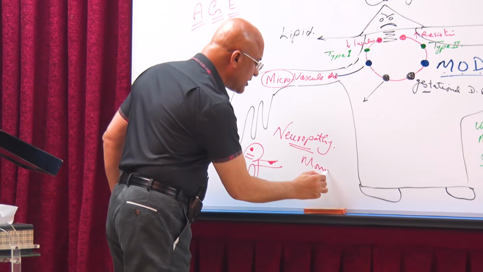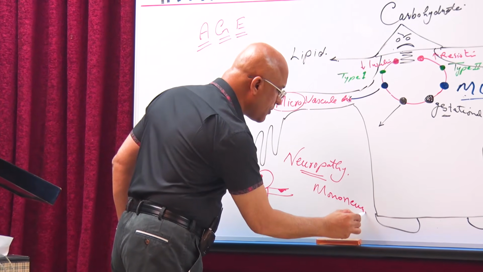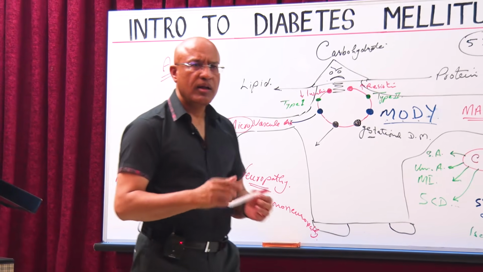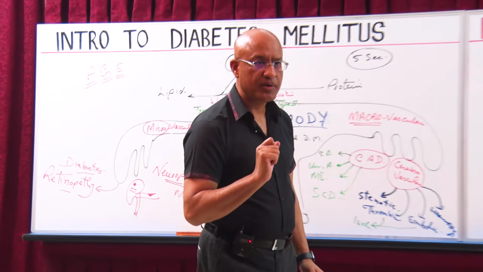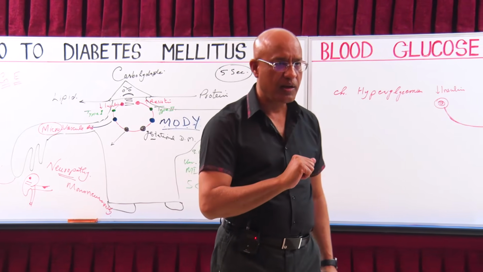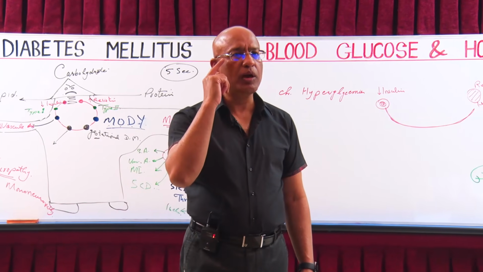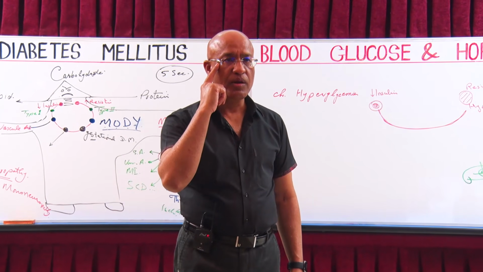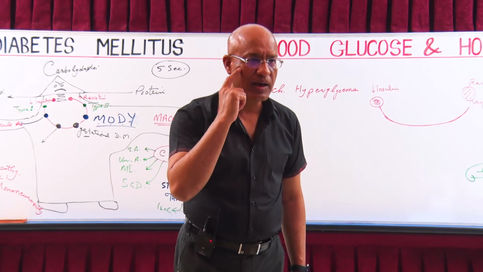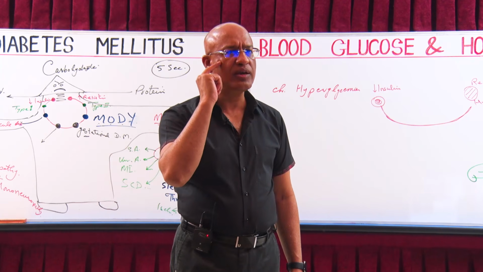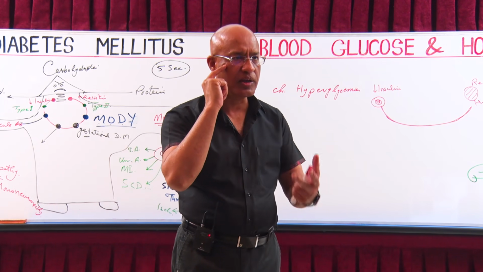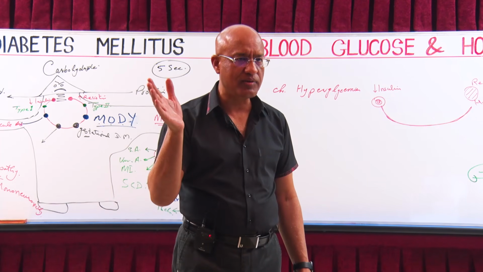And mononeuropathy means that there is isolated nerve damage that might not be symmetrical. For example, if I develop oculomotor nerve damage, or I develop damage to the abducent nerve, right? Now, if isolated abducent nerve damage is there due to diabetes, right? The abducent nerve is the 6th cranial nerve which supplies the lateral rectus, right?